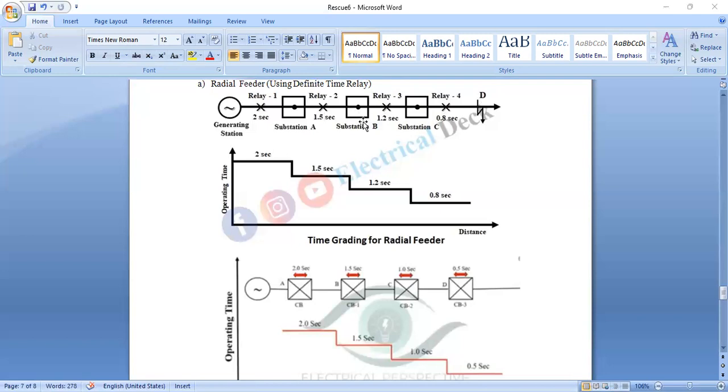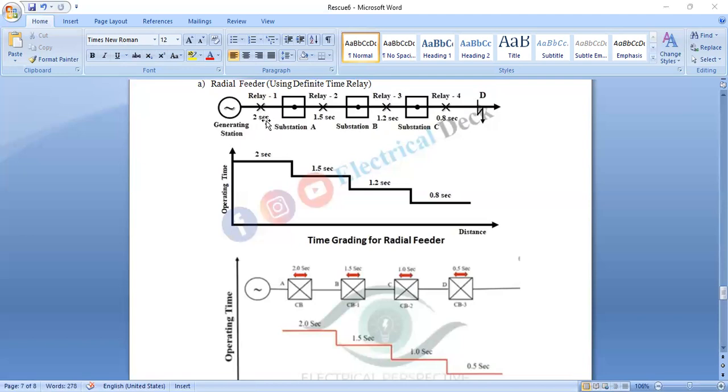Similarly, when relay 3 fails to operate, relay 2 will operate, and if relay 2 fails, relay 1 will operate after 2 seconds.